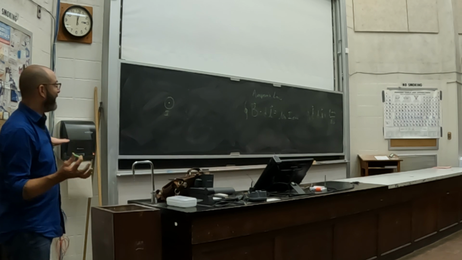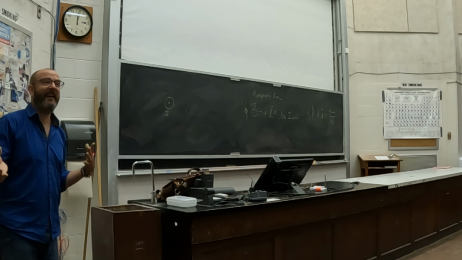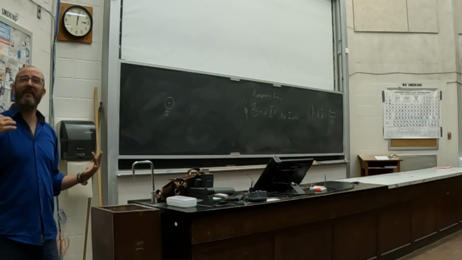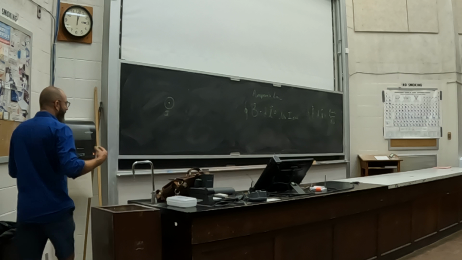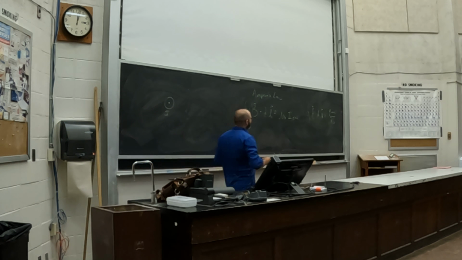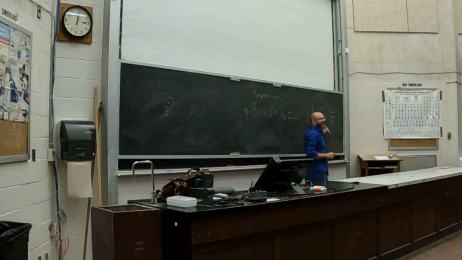I'm going to ask myself the same sort of questions I asked myself with Gauss's law. Is the geometry simple? What that meant for Gauss's law is, is this dot product easily evaluable? And we figured out that it's easily evaluable when these two vectors are perpendicular or when they're parallel.